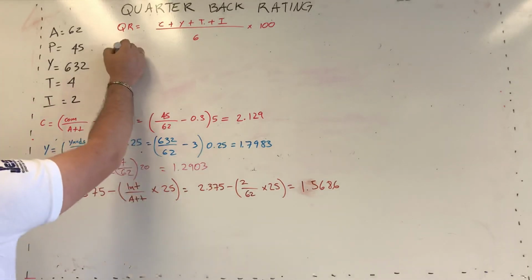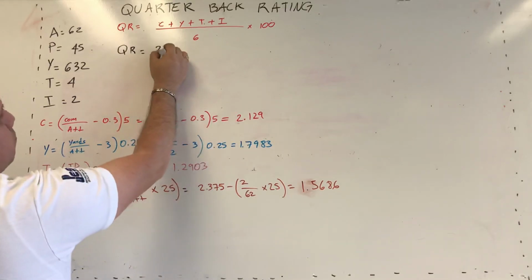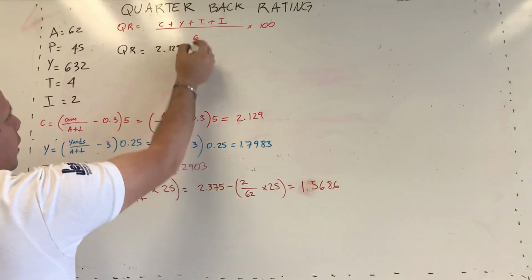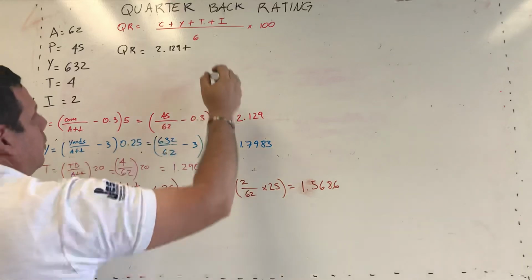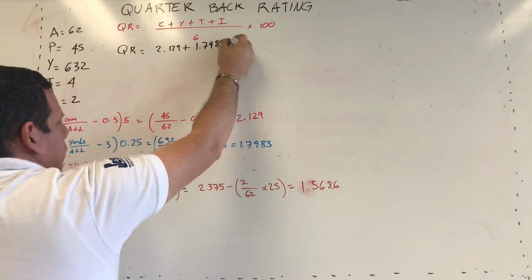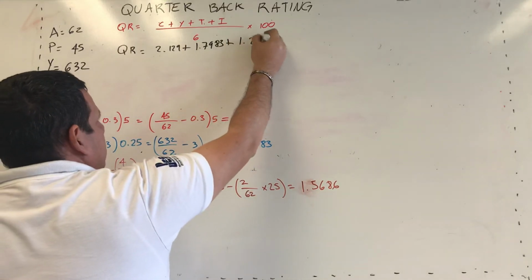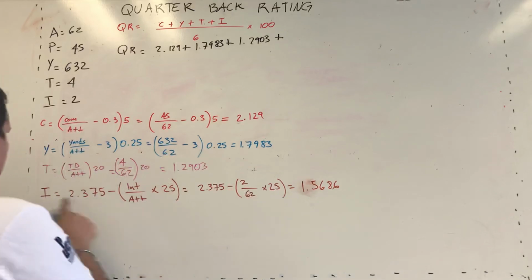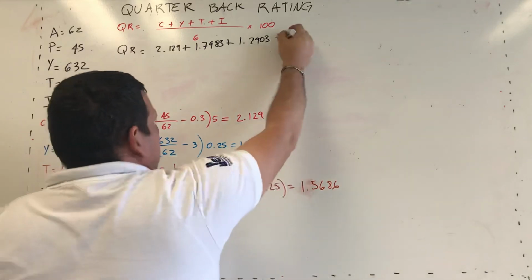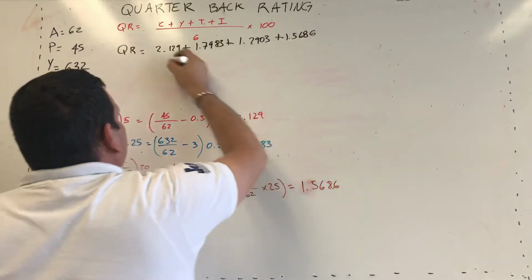So the quarterback rating equals C, 2.129, plus Y, 1.7983, plus T, 1.2903, plus I, 1.5686.